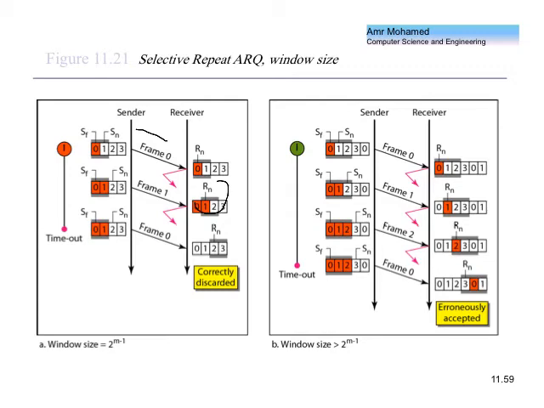When I increment Rn, similar to go back N, it means that I'm sliding the receiver window. This here indicates the fact that I'm pointing at frame 0. I'm expecting frame 0, but I can also accept frame 1 if it arrives before 0. Right? That's what this window means.